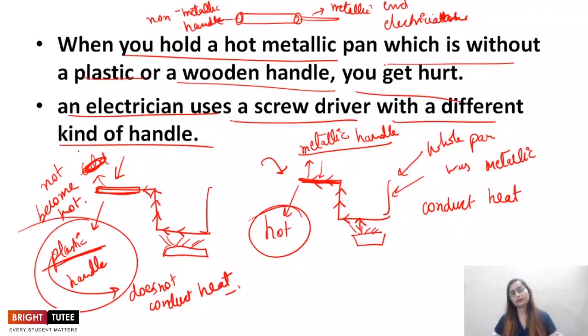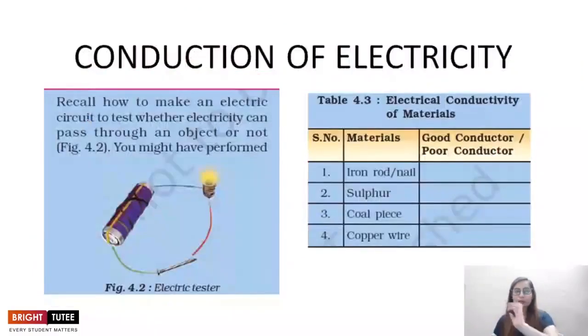Why is that so? Because whenever this screwdriver is inserted in a plug, this is the electricity plug, the metal conducts electricity, but the handle does not conduct electricity because it is non-metallic. So what does this tell us? That metallic substances or metals conduct electricity while non-metals do not conduct electricity, right? So let us move on to the next page.